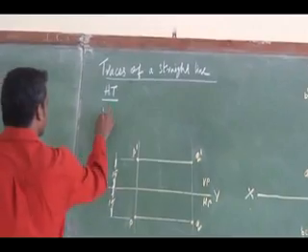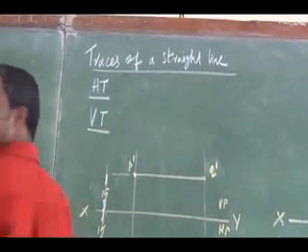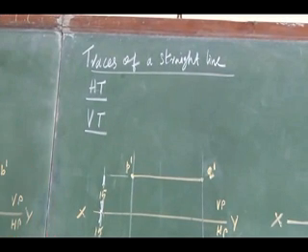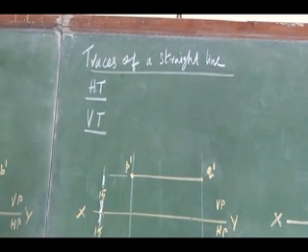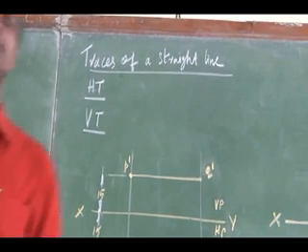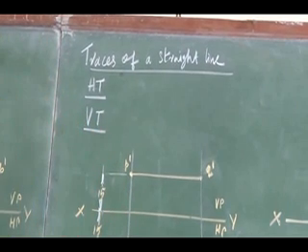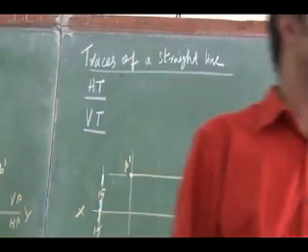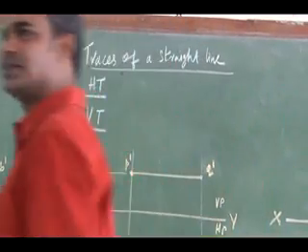We have another term called vertical trace. Similarly, the intersection point of a straight line with the vertical plane is termed as vertical trace. Generally, a trace is nothing but the intersection point with the reference planes.